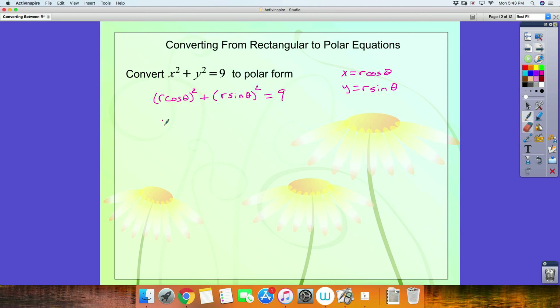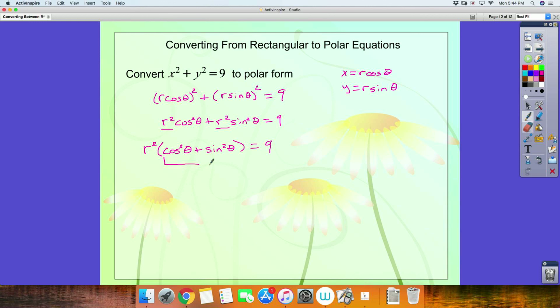If we go ahead and square both, we get r squared cosine squared theta plus r squared sine squared of theta equals 9. Now, just like last time, I see that we have r squared in common. So we'll use our factoring skills to factor out r squared. And that leaves us with cosine squared theta plus sine squared of theta equals 9.